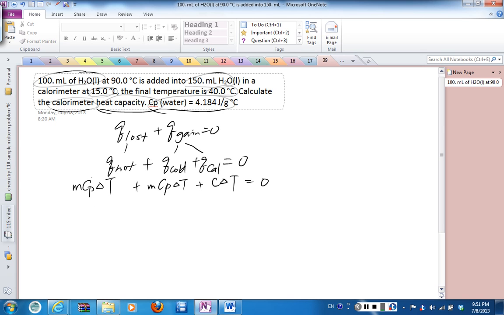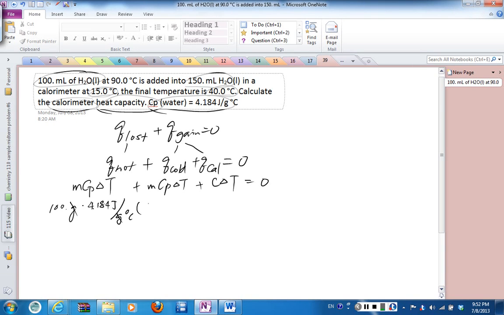We can stick the numerical conditions that we have into the calculation. 100 milliliter of hot water, that's 100 gram, because water is 1 gram per milliliter. Cp is 4.184 joules per gram degrees Celsius, so gram cancels.